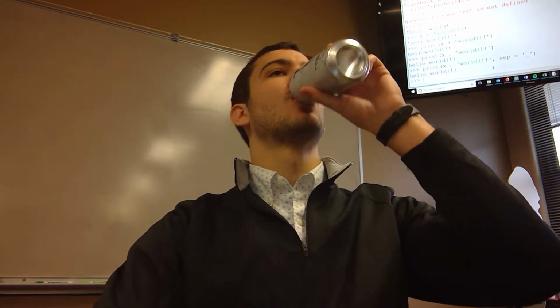I get that, but if I were to make this a comma, I get that space. Can you make the separator an underscore instead? Mm-hmm. And we're going to get into this when we get into the print function later. So if you wanted to, you could put the separator as any character.